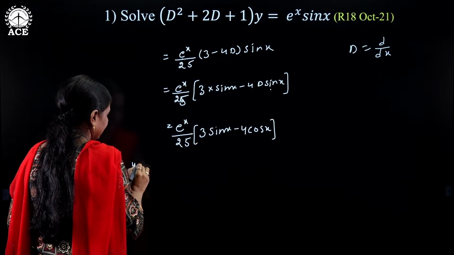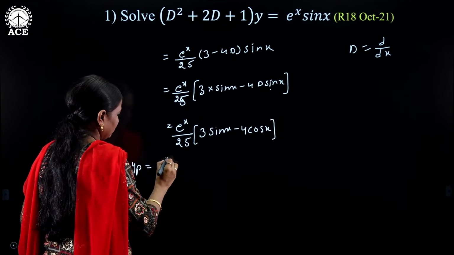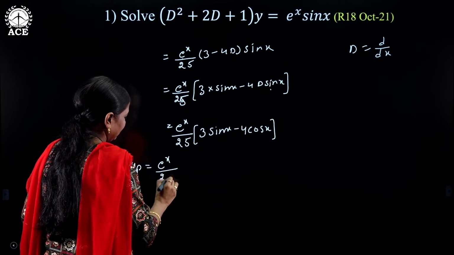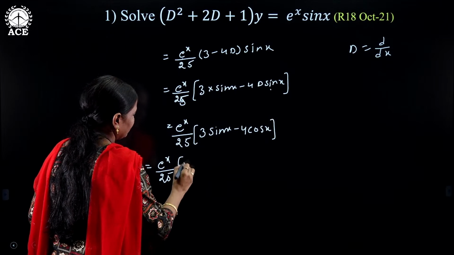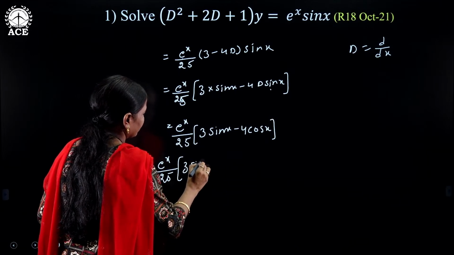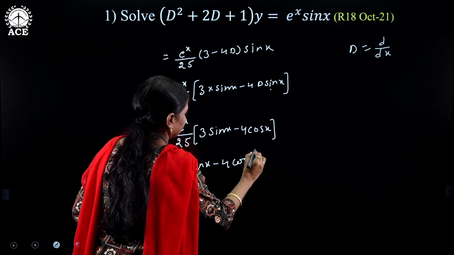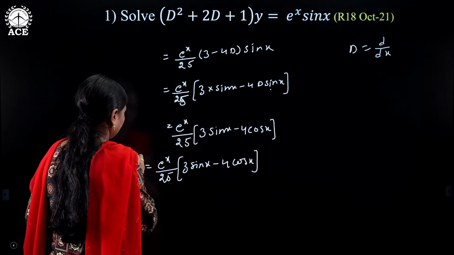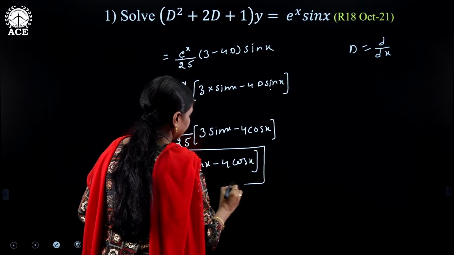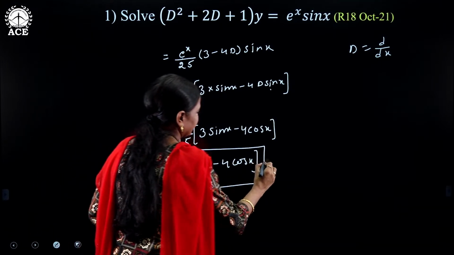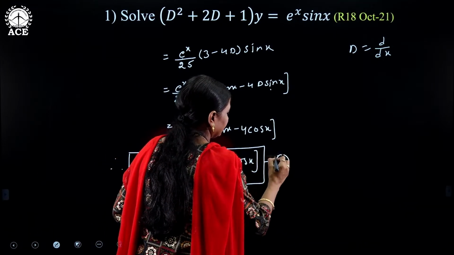So therefore, what is Yp? Yp is equal to e power x by 25 into 3 sin x minus 4 cos x. This is the second part of the general solution. Let us consider it as equation number 3.